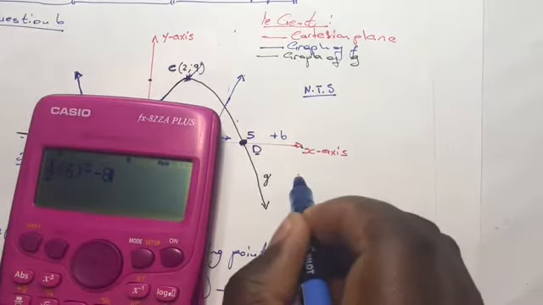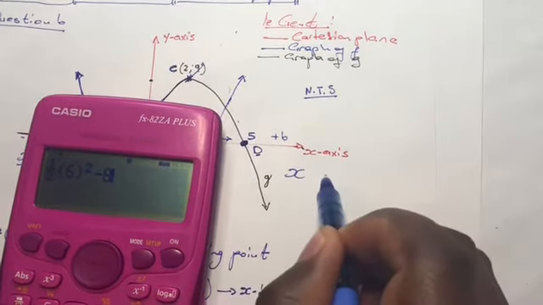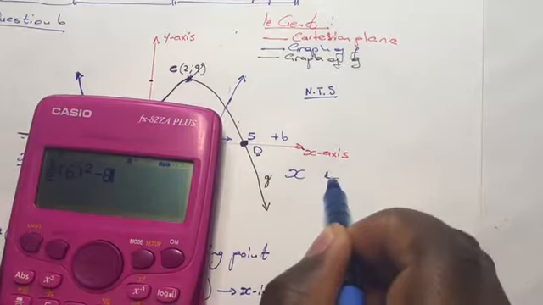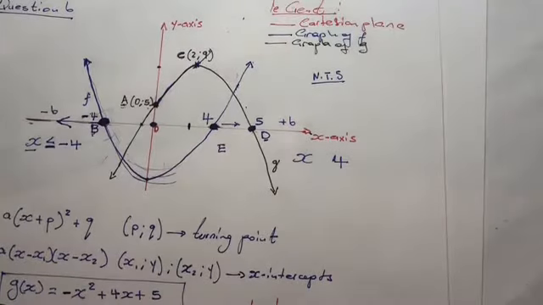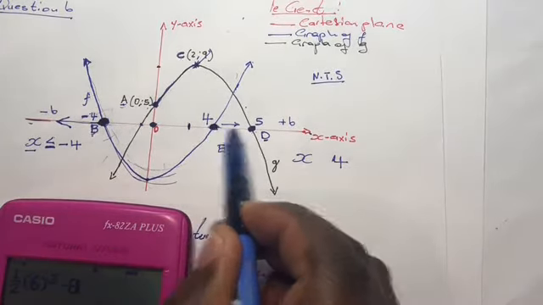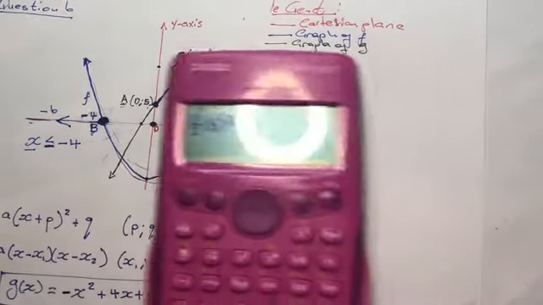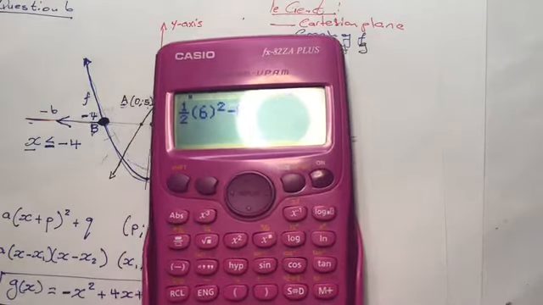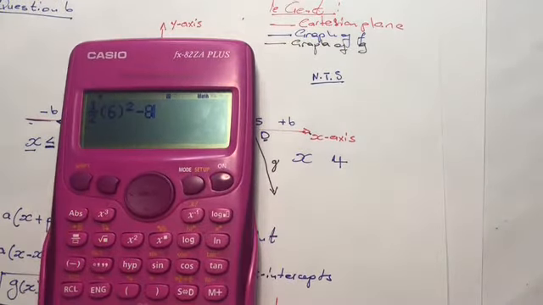So let's say, remember, I just wrote x, and then again I left a space for the sign, and then I wrote 4. So we are testing values which are greater than 4. So when we punch, let me just do this so that you can be able to see the answer. I hope it's clear.